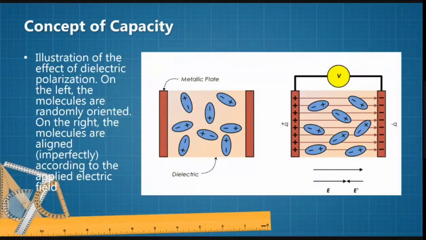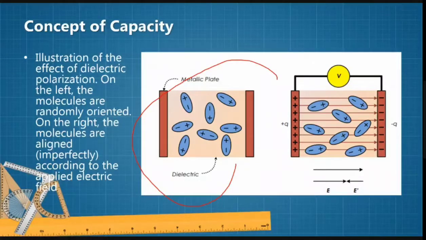This increased capacity is due to the molecular polarization of the dielectric. In certain materials, such as water, the molecules have a permanent dipole, while in others an electric field is required to create the poles.